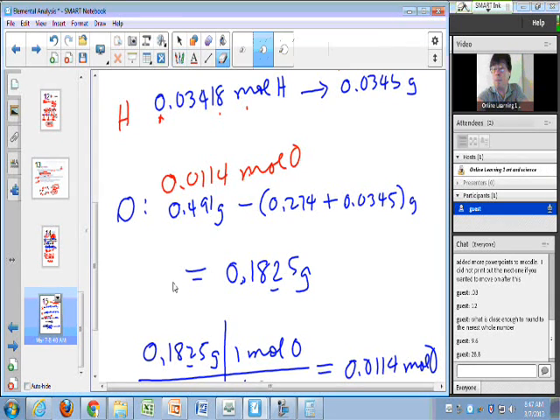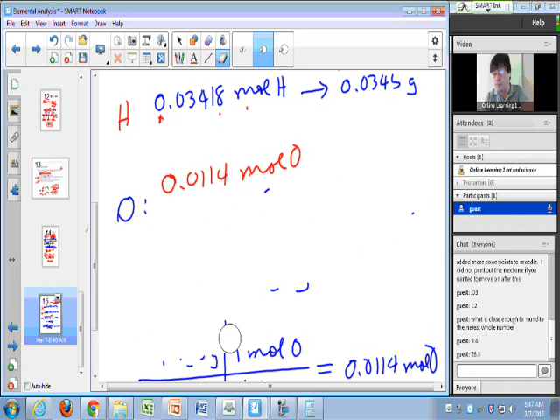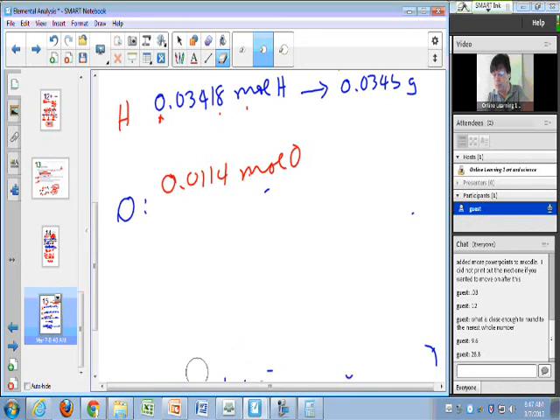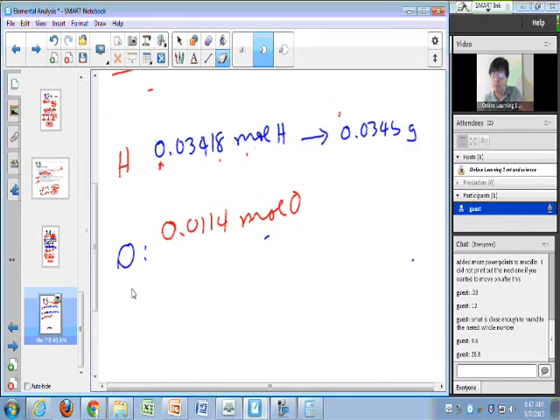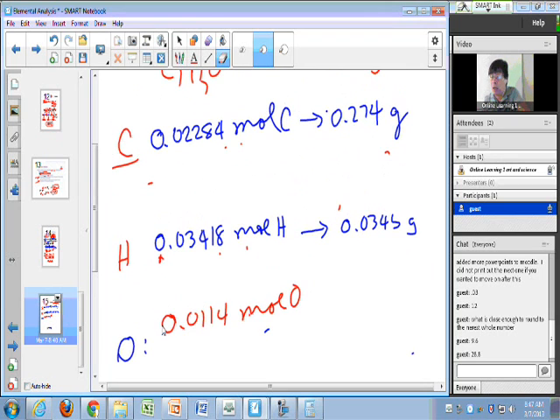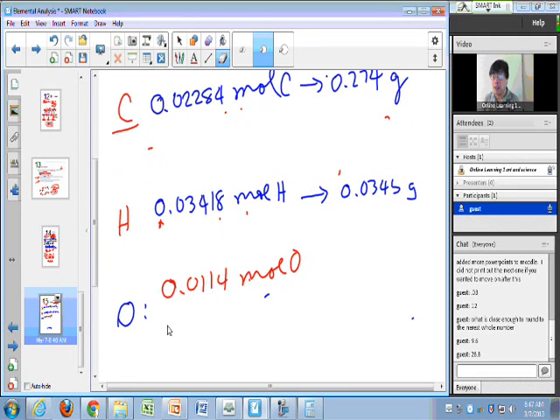So what do we do now? Divide everything by the smallest number. What's the smallest number? 0.0114, right? So let's do that.